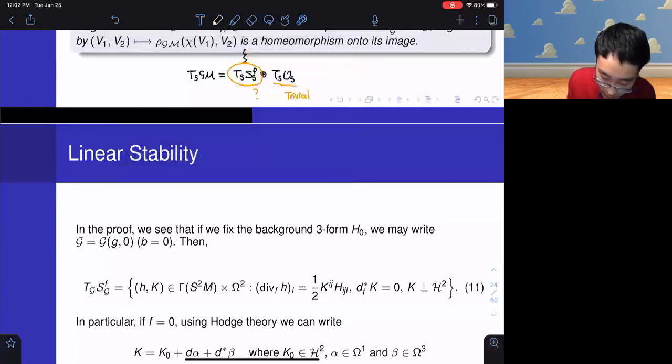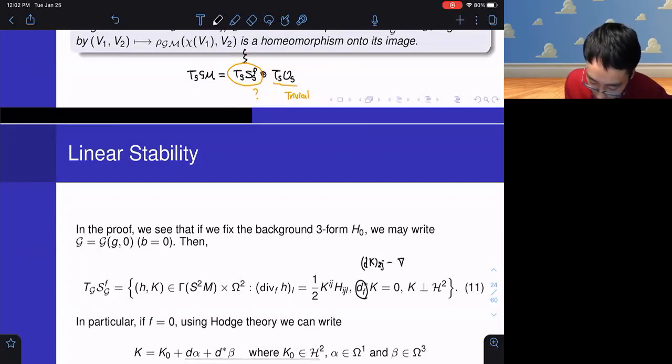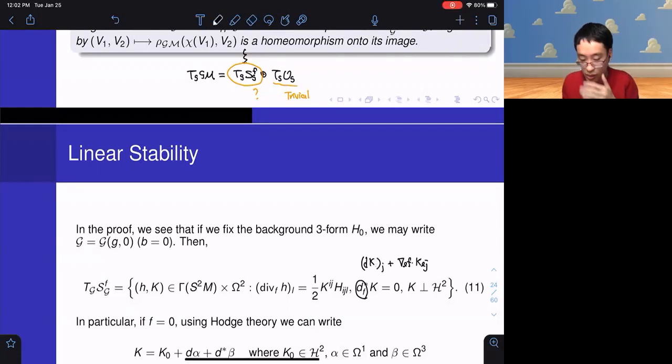Sorry, here D star_F is D star K, and K is orthogonal to the harmonic 2-form.